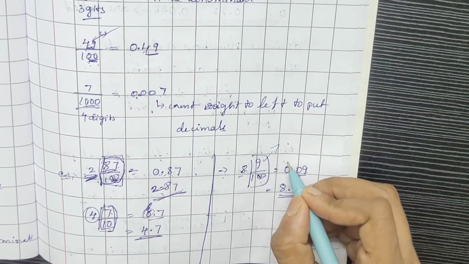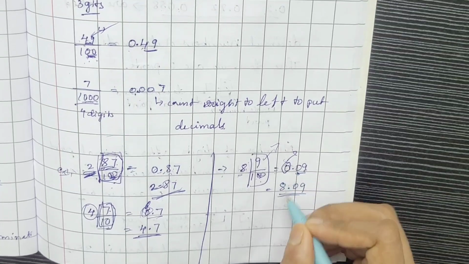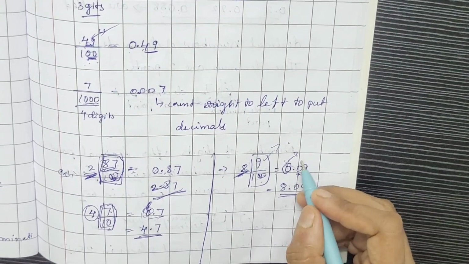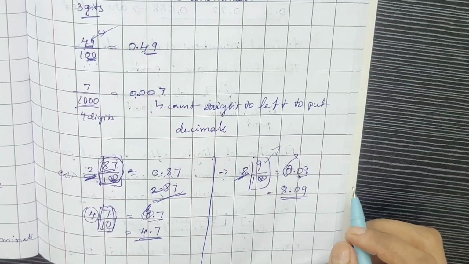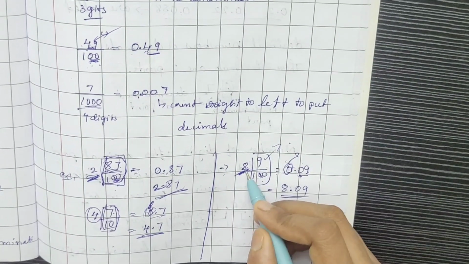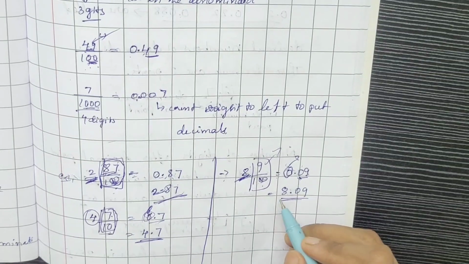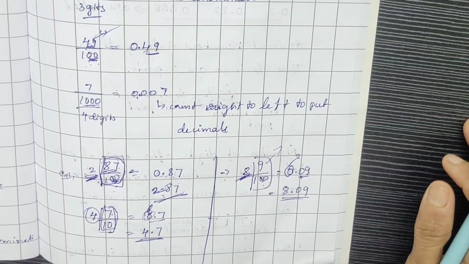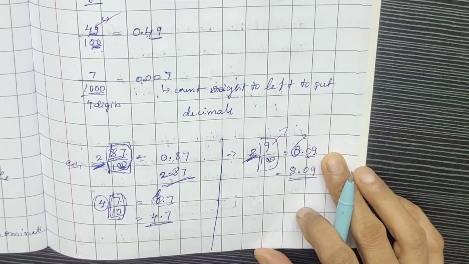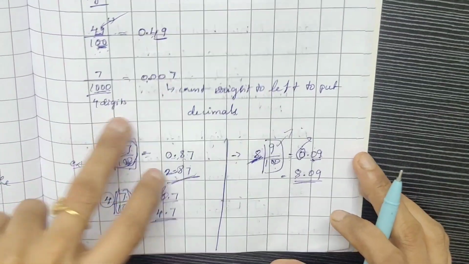This is the whole part. In the whole part only we have to write this number. Don't write 0.89 here. When writing the whole part, we have to write these whole numbers: 8.09. Understood?